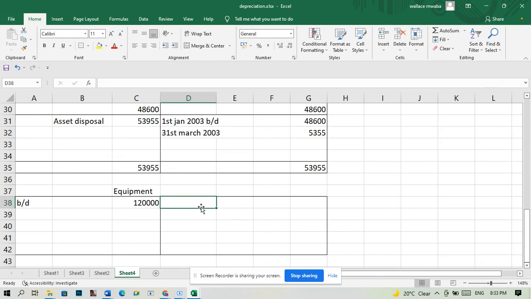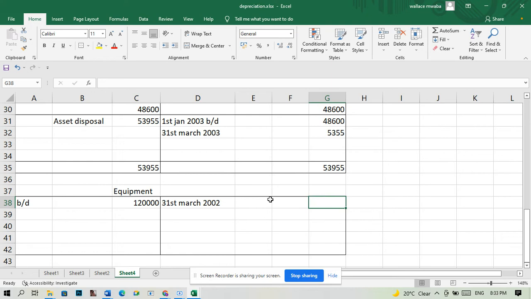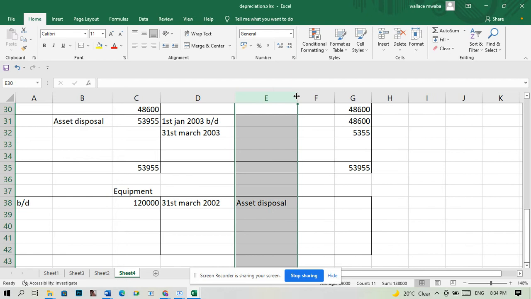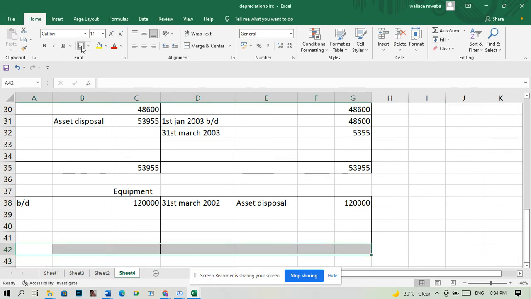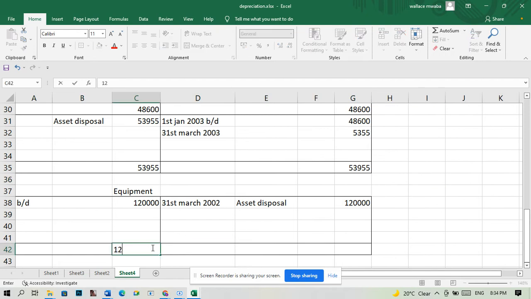So we'll say on the 31st March 2003, we're going to debit asset disposal 120,000. Okay, so now we close off our accounts, right?